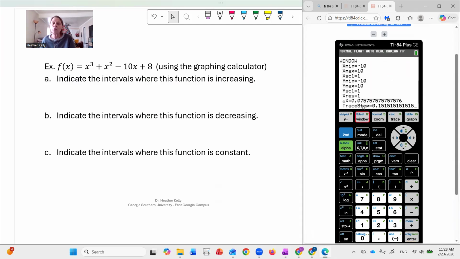So I went up here to the window, and this will change the scale on how many ticks up or wide it goes, okay? So I'm going to go to the window, and I'm going to change my Y maximum to something bigger than what it is, just so I can see where everything is changing over. And let's just go for like 20, which is what I tried first, and it wasn't quite enough.